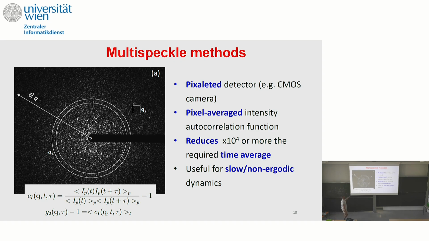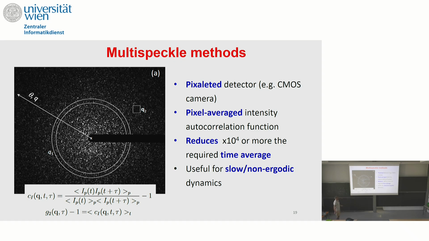But still, if I'm not too picky, it's not exactly the same Q vector in this box, but it's roughly the same Q vector. So maybe I can calculate an intensity correlation function for all the pixels in this box. And rather than doing a very lengthy time average, I replace this time average by an average over what I calculate for each pixel within my box.